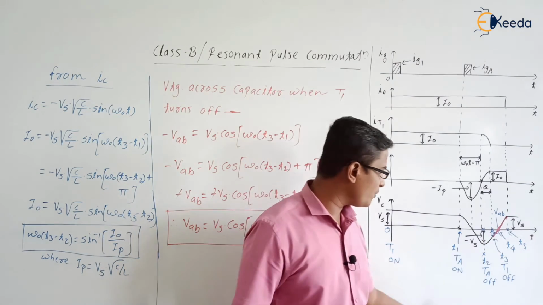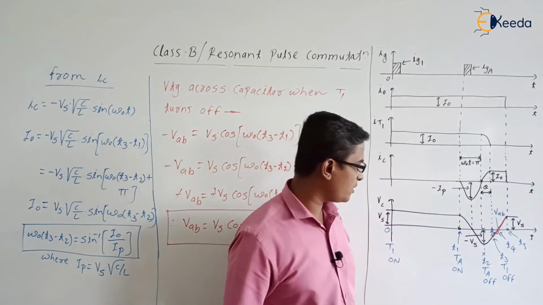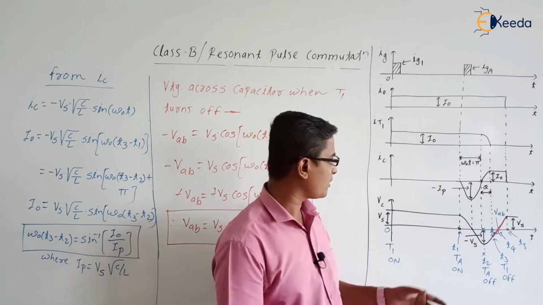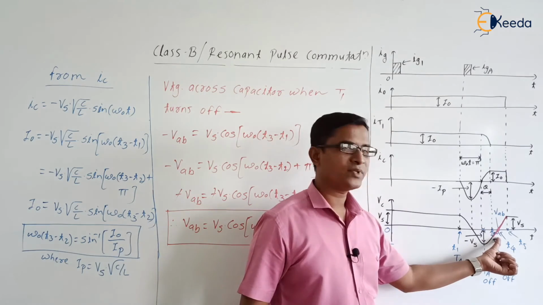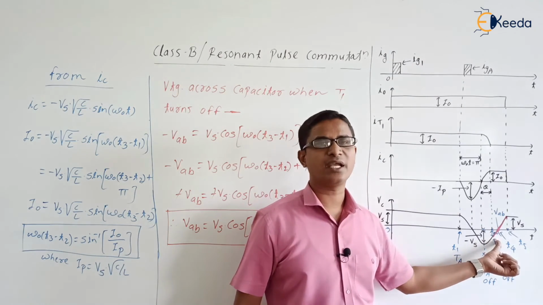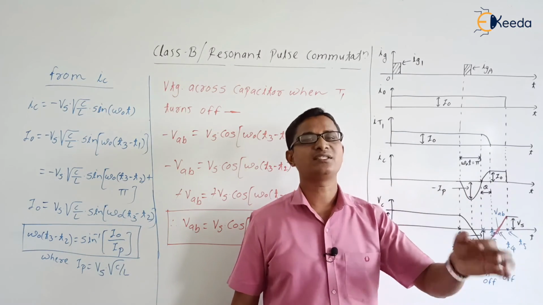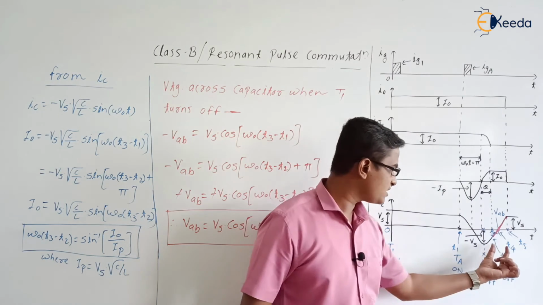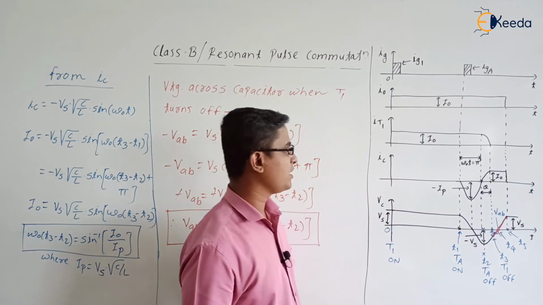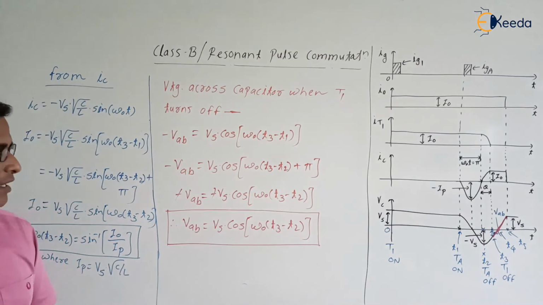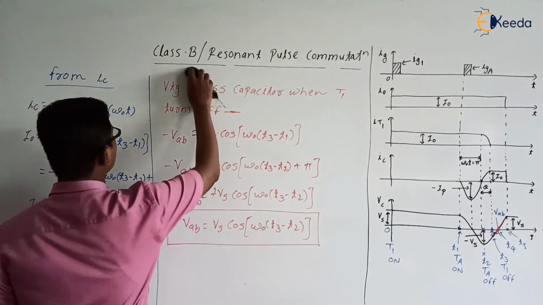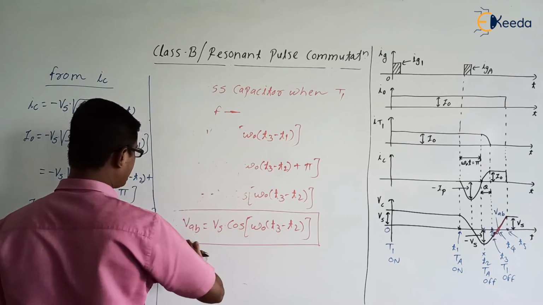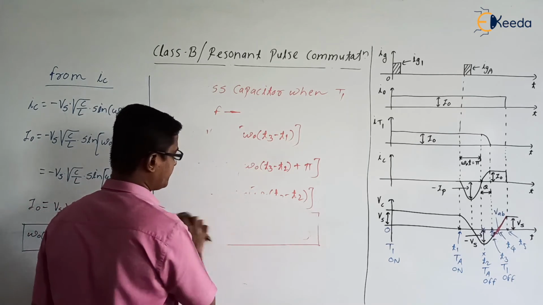During T3 to T4, VC is negative, and this negative VC voltage will appear as a reverse voltage for thyristor T1. This T4 minus T3 will give the circuit turn-off time TC.